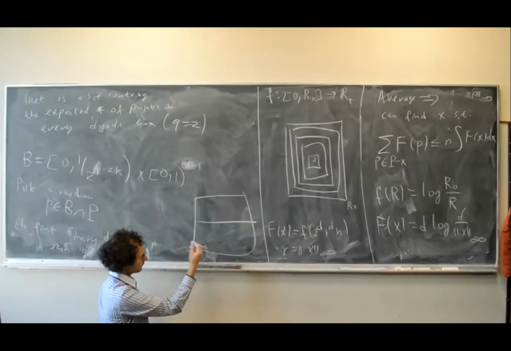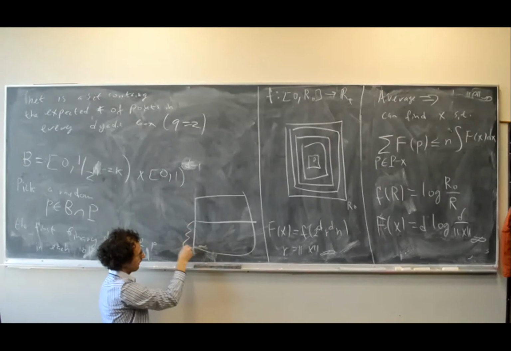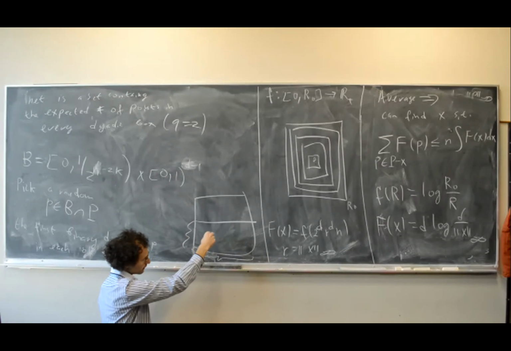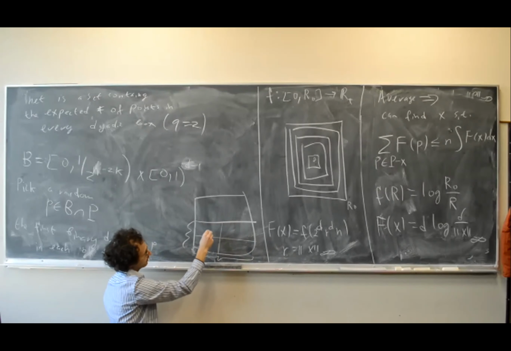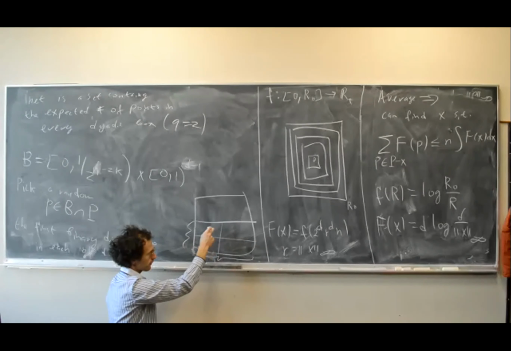if I'm interested in the first y coordinate, so I'm looking at this box here. This is the box I'm looking at. I'm picking a random point. What will happen is I'm looking at whether I'm in this box, this box, this box, or this box, and this will determine the first digits in the x and y coordinates.